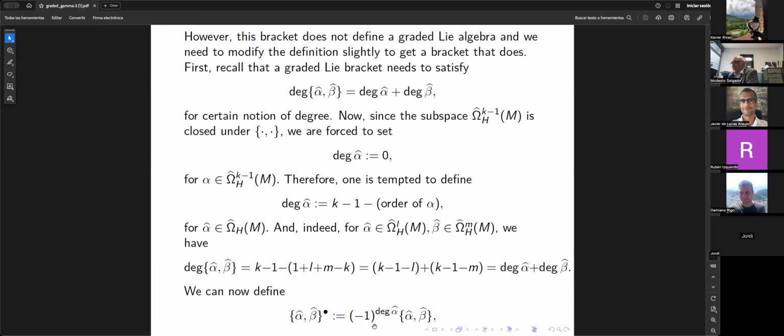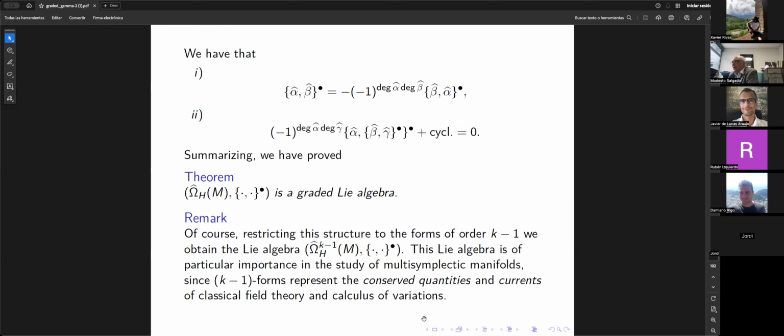And so we can define this new bracket on classes of forms in this way, using this sign in front of the bracket. And so everything works, and so this is a graded Lie algebra. And so we have a similar thing to what we have in symplectic geometry. We have the Lie bracket in this case of Hamiltonian vector fields on vector fields, and we have the corresponding bracket, the Poisson bracket, on the space of forms.